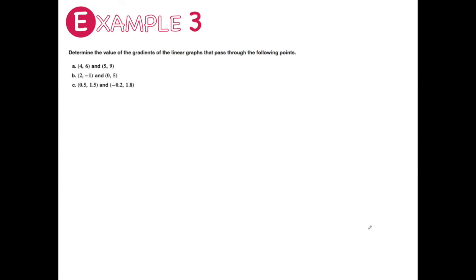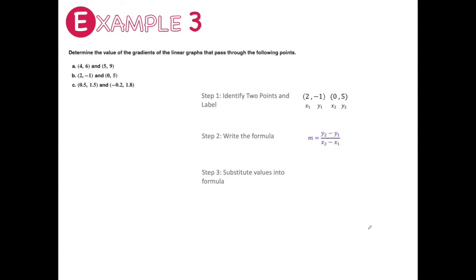So having a look at B, again following the same steps, I've got my 2 points, so 2, negative 1, and 0, 5. I need to go ahead and label them x1, y1, x2, y2. Second step is to write the formula. So gradient equals y2 minus y1 divided by x2 minus x1. Substitute in my values.